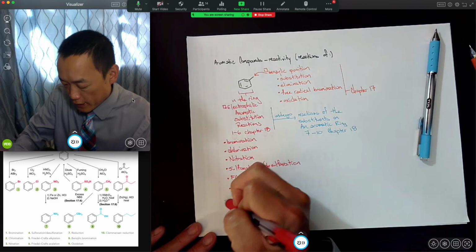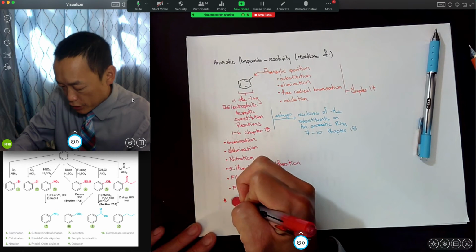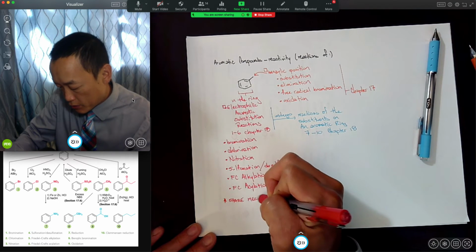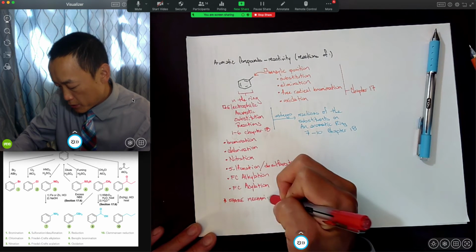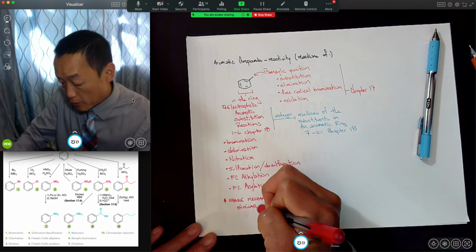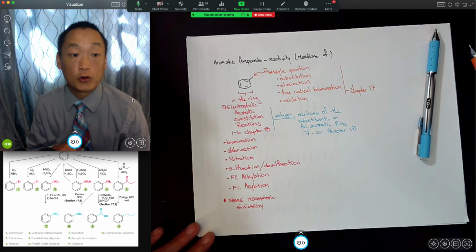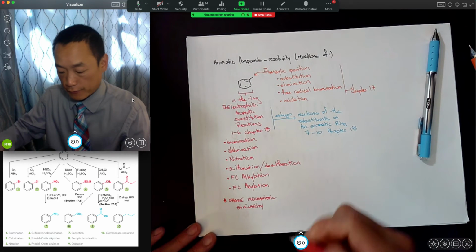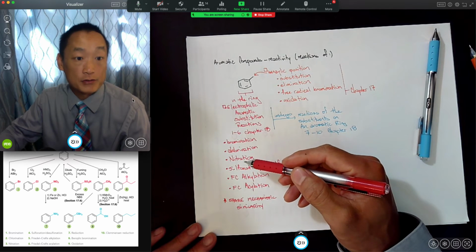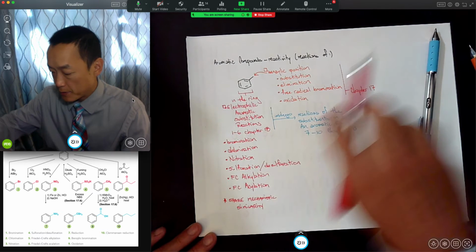And this is the fun category because all of these share mechanistic similarity. And so we'll dive into that. If you can understand what happens with bromination, you'll understand what happens with nitration. That's what I'm getting at there.